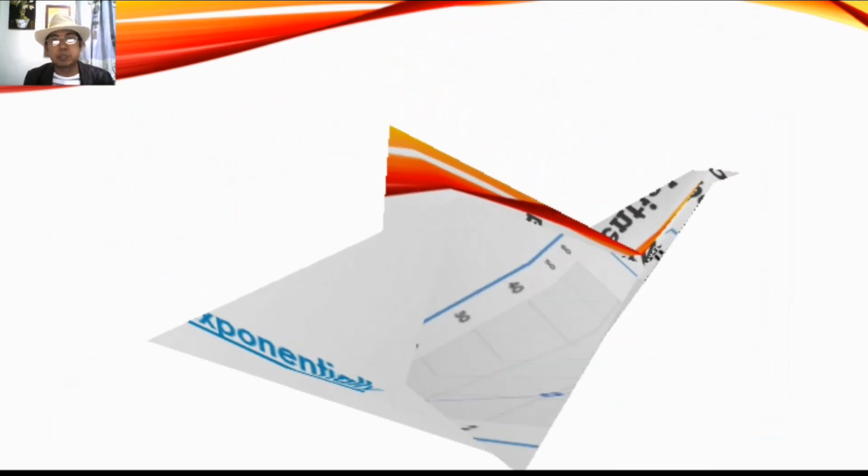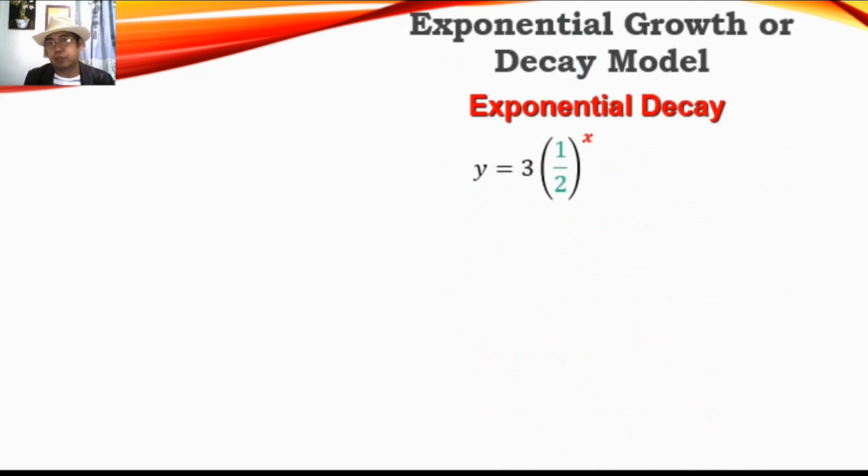Now what if we consider the other one, exponential decay? In our exponential decay, we will consider this problem: y is equal to 3 multiplied by 1/2 raised to x. You will notice our base in here is 1/2, or shall we say the value of b is 1/2, which is between 0 and 1.